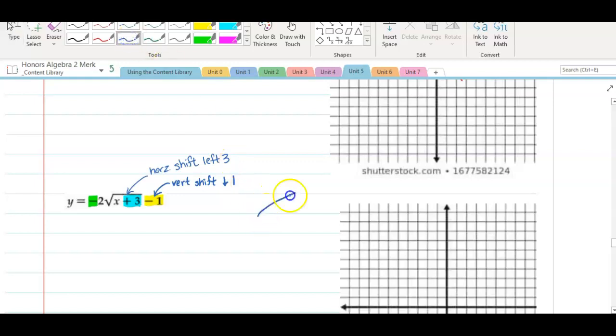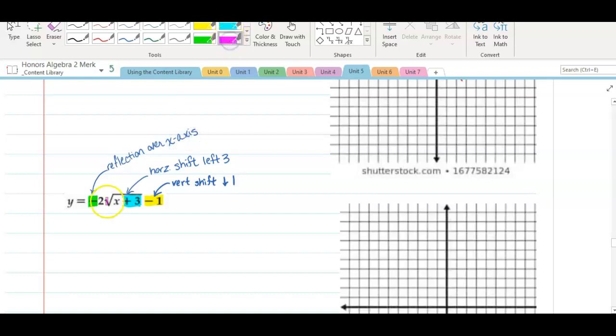Instead of starting here and going up to the right like the functions we've graphed, it's going to start and go down because it's flipped over. That's what we're expecting because of the negative sign. So this negative indicates a reflection over the x-axis.